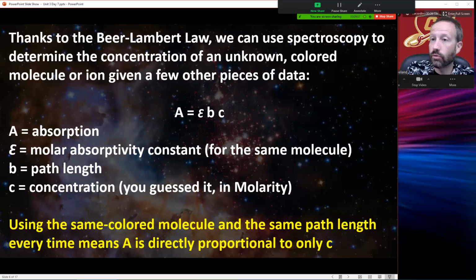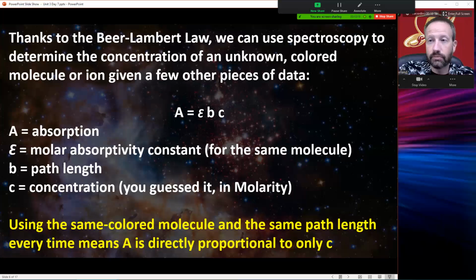It would not be appropriate to use spectroscopy for clear, colorless liquids. Even if it's a mixture of them, it would not be appropriate. I would need to use something else. Maybe ultraviolet could work, maybe infrared could work. Visible spectroscopy only works if they are colored molecules.